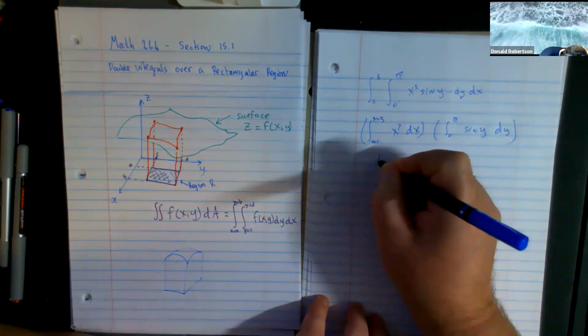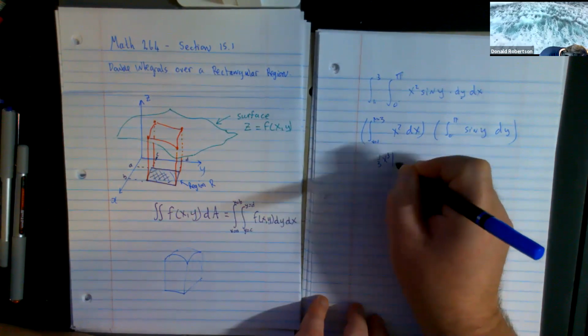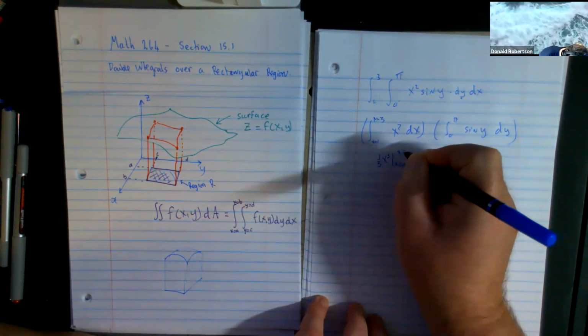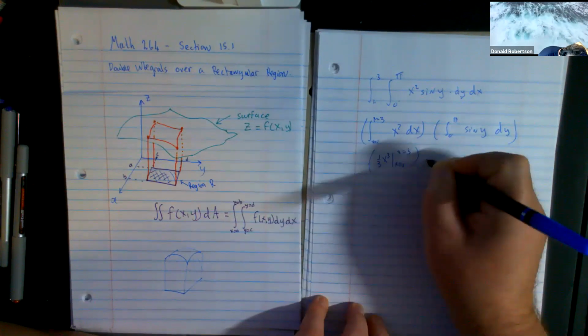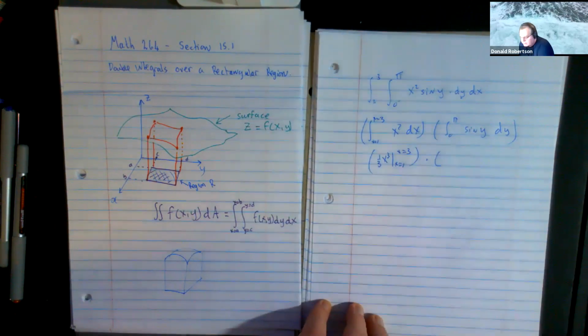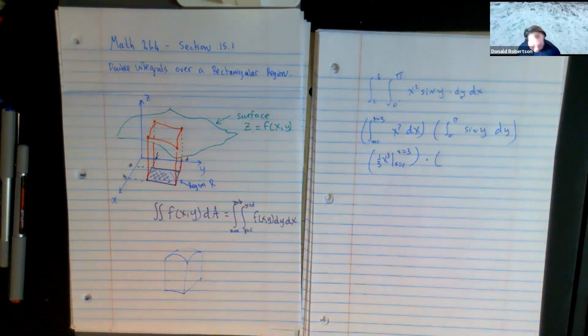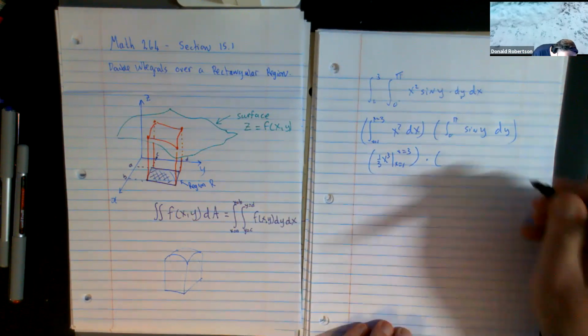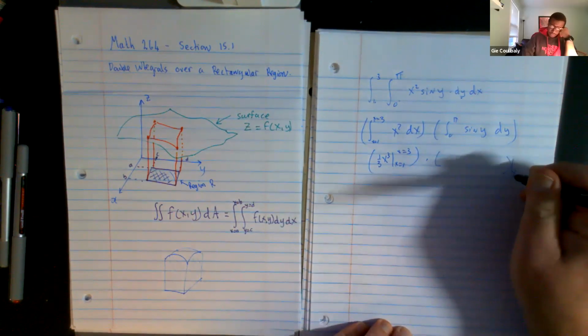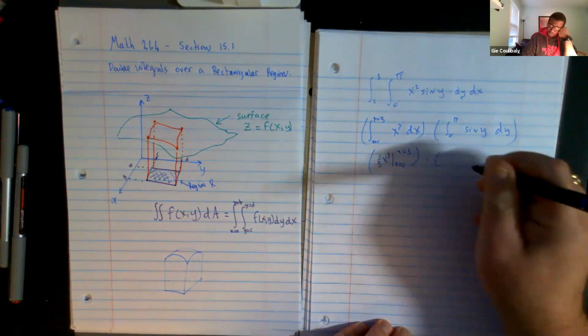This is 1/3 x cubed. And this, okay, what do you get if you take the antiderivative of a sine? Minus cosine. Correct.